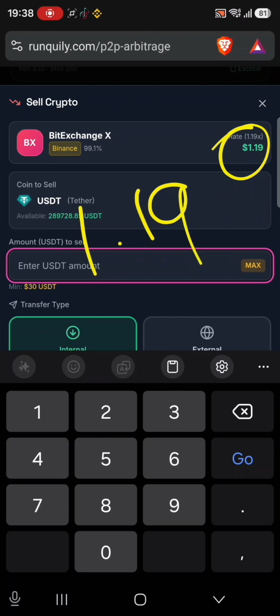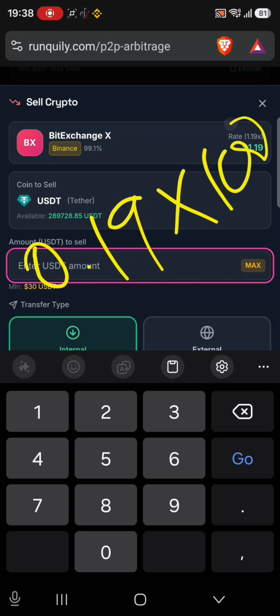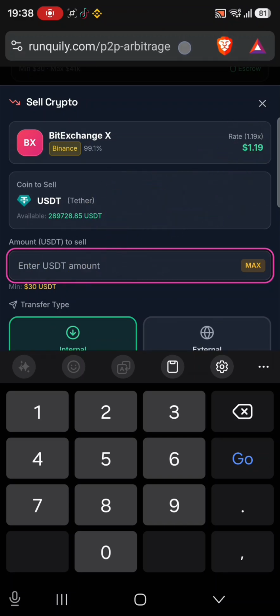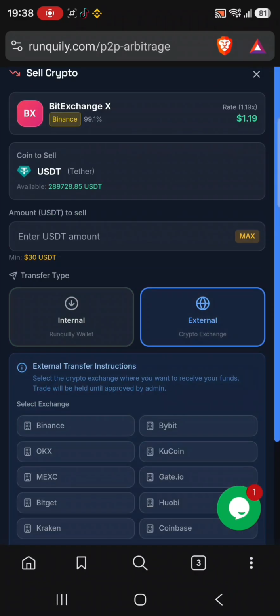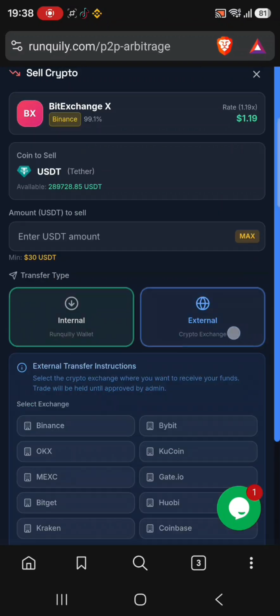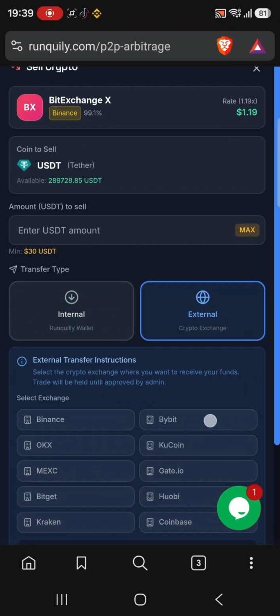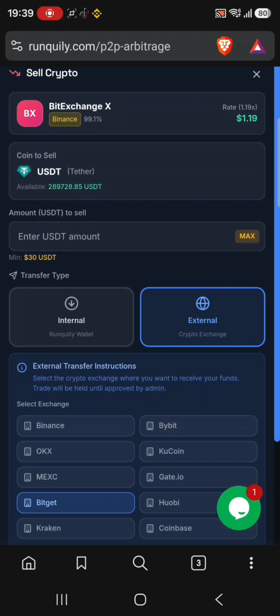So if I am selling, let's say, 100 USDT, it is 0.19 times 100, which gives us 19 USDT in profits. You can receive your assets in your internal wallet, that is Ranquilly, or you can choose to receive your profits in your external wallet, that is Bybit, OKX, MEXC, and others.